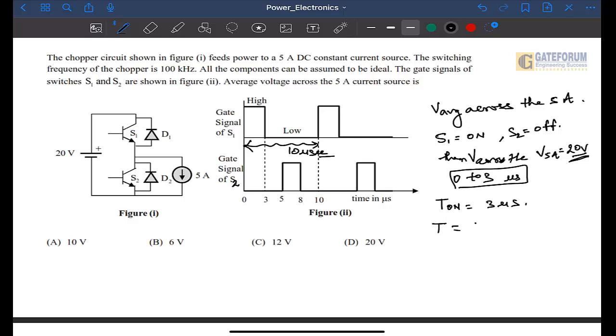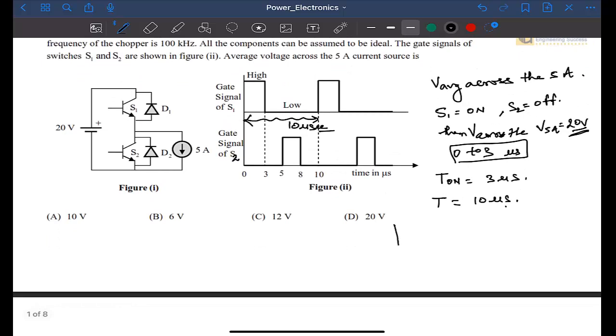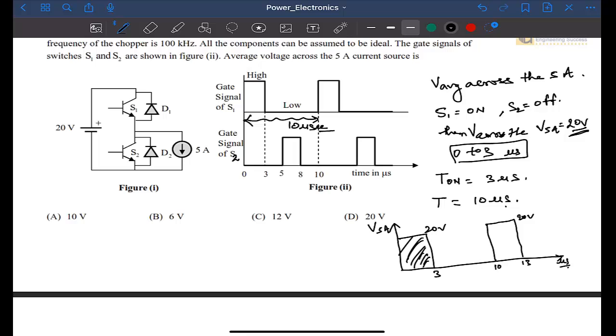So the voltage across the 5 ampere source is 20 volt for 3 microsecond, and after 10 microsecond again there will be a pulse of 20 volt. Okay, so this is the curve. We need to find the average of this.